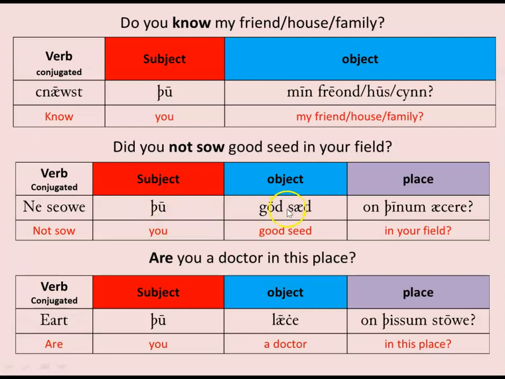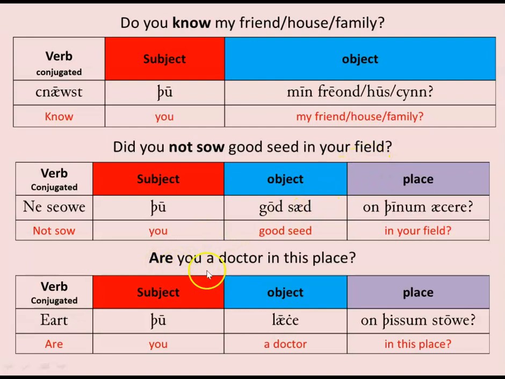The object in accusative, gold sad, good seed, and the place on, location. So again, all of this must be in the dative. So akare, field, in the dative, has the E on the end there. And your, in the dative there, is thinum. Okay, thinum. All right, now, is there anything else I had to... I can't think of anything else at the moment.